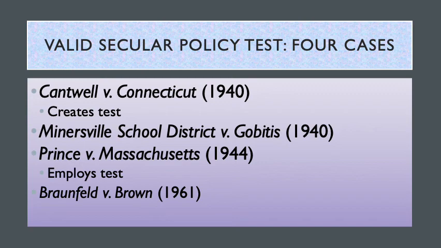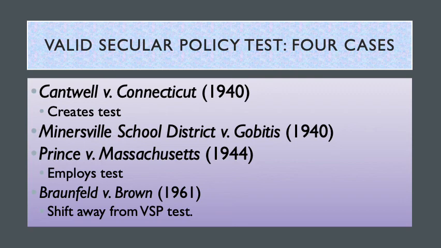And then you'll be learning that the Valid Secular Policy Test begins to fray, and that there's a sense in 1961 in the Braunfeld v. Brown case that deals with blue laws, that is, that shops must be closed on Sunday. This is a case about a Jewish man, and for Jews, their Sabbath is on Saturday, not Sunday.